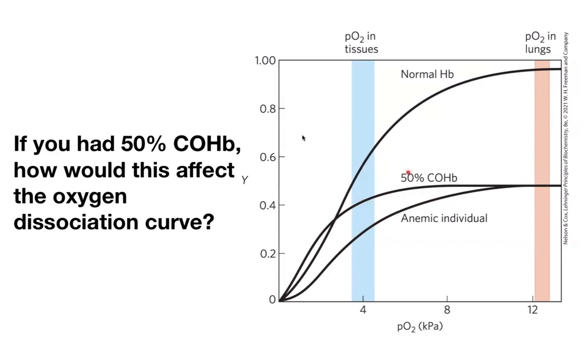But in the case of carbon monoxide bound, here the affinity is too tight. The carbon monoxide is stabilizing that oxygen bound state, and so the oxygen bound state is going to have a higher affinity. You're going to have to get to lower partial pressures of oxygen in order to release it, lower than you actually have in your tissues. And so you're not going to be releasing that carbon monoxide, and you're not going to be releasing that oxygen.